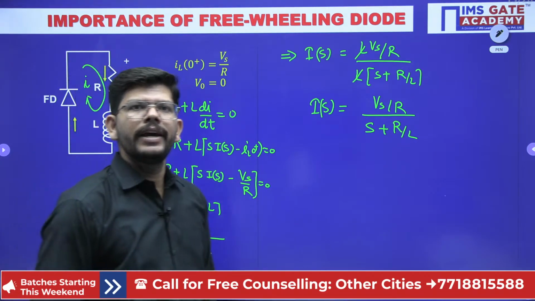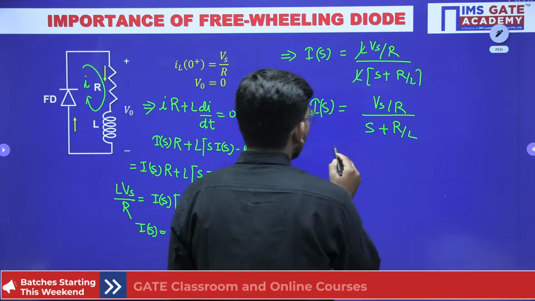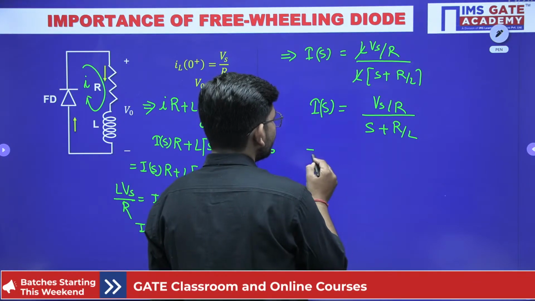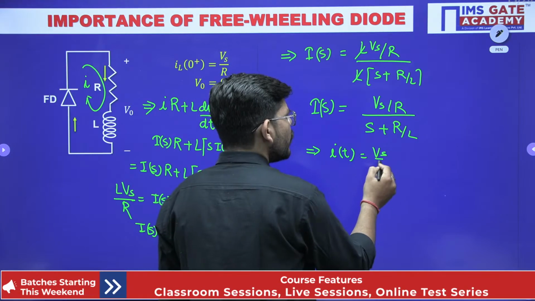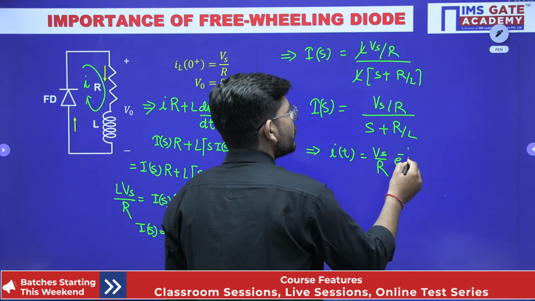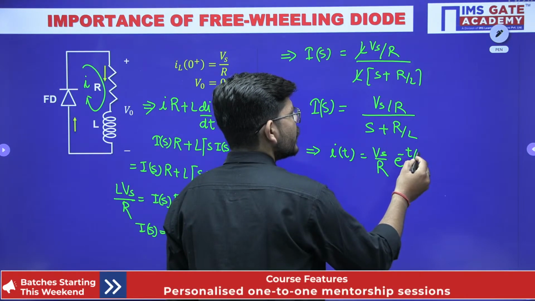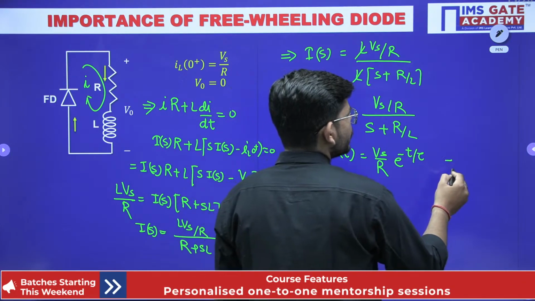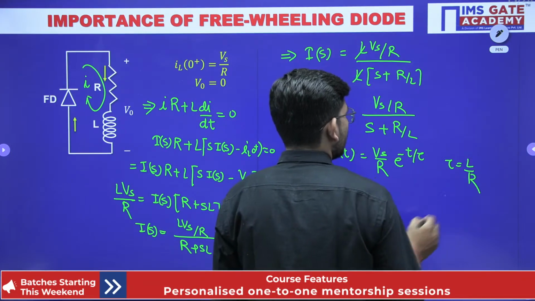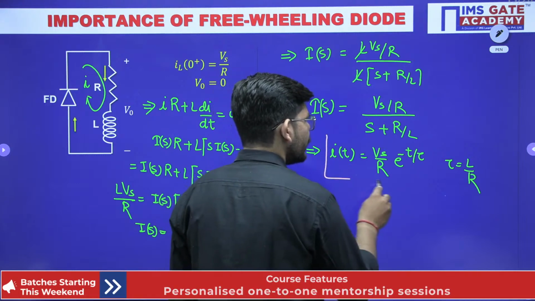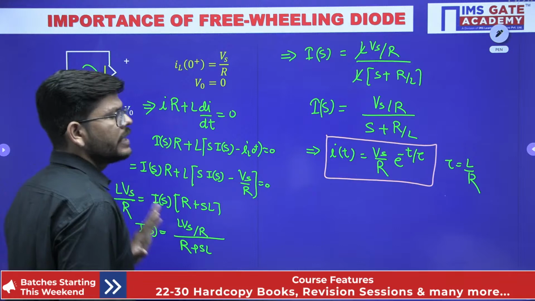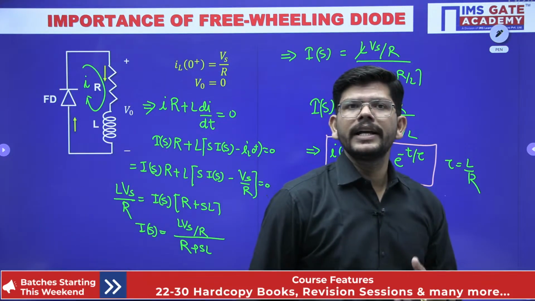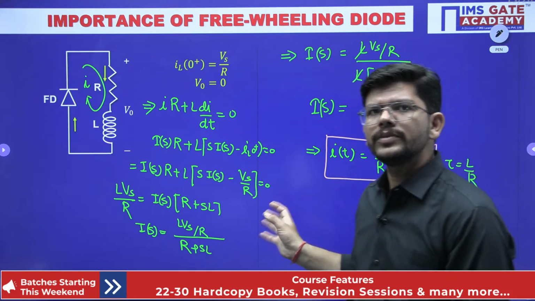Now if I take the inverse Laplace transform, my current will be Vs upon R e to the power minus t over tau, where tau is L by R. This is my current expression for this particular part of the circuit.